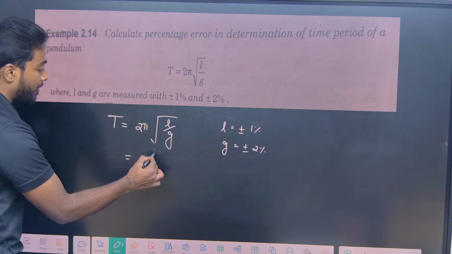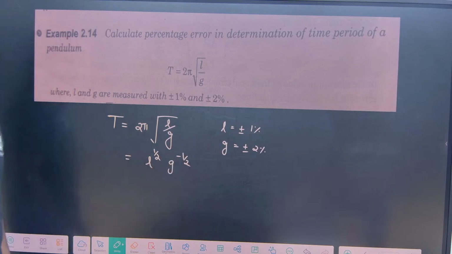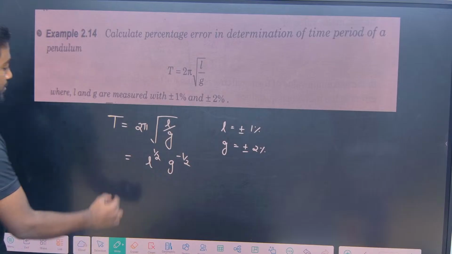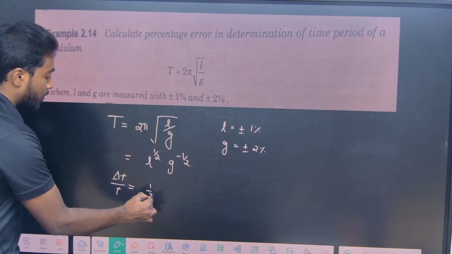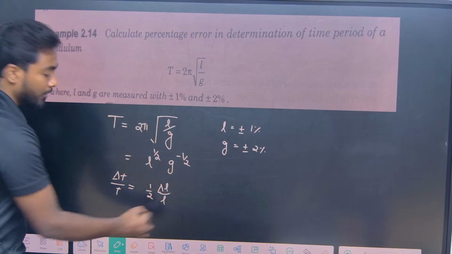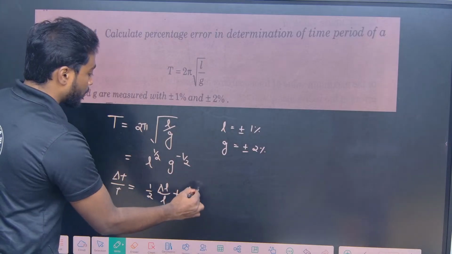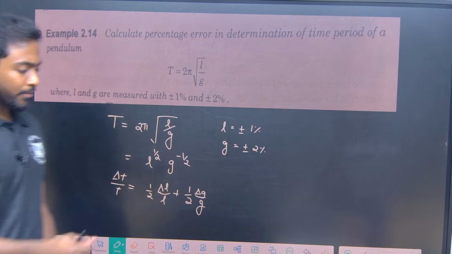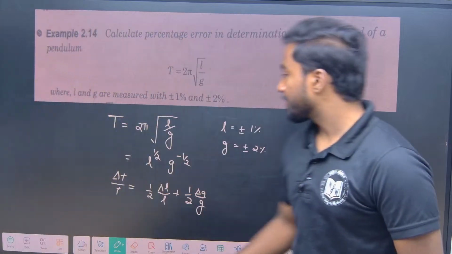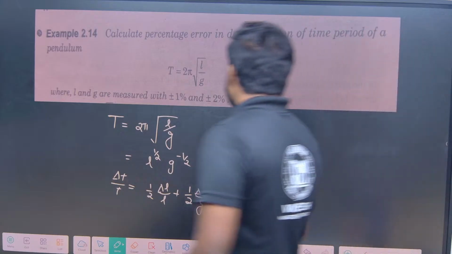So L power 1 by 2, g power minus 1 by 2. Can I write it like this? So delta T by T will be equal to 1 by 2 into delta L by L plus 1 by 2 into delta g by g. We saw this formula in the last class also, how to take it when powers are given.